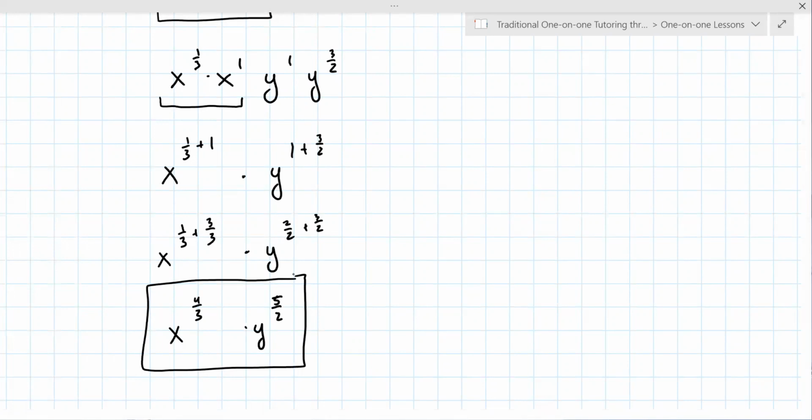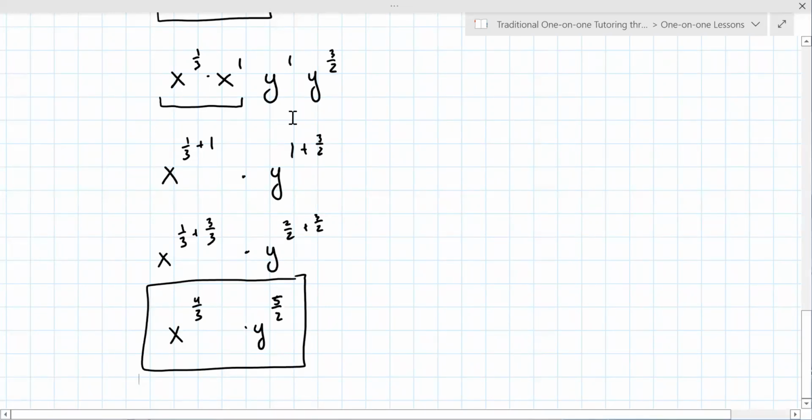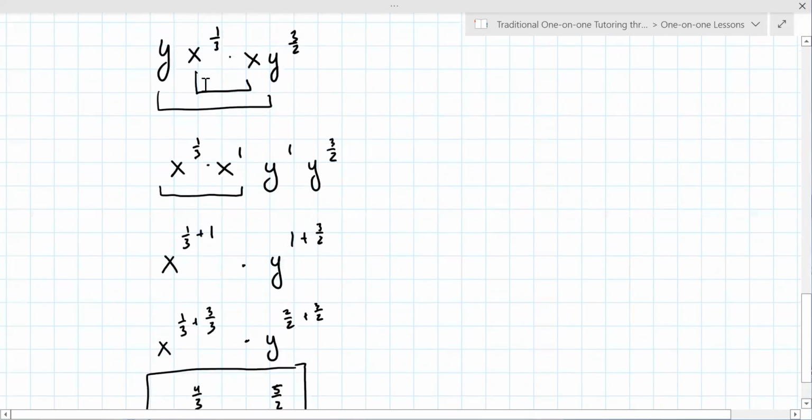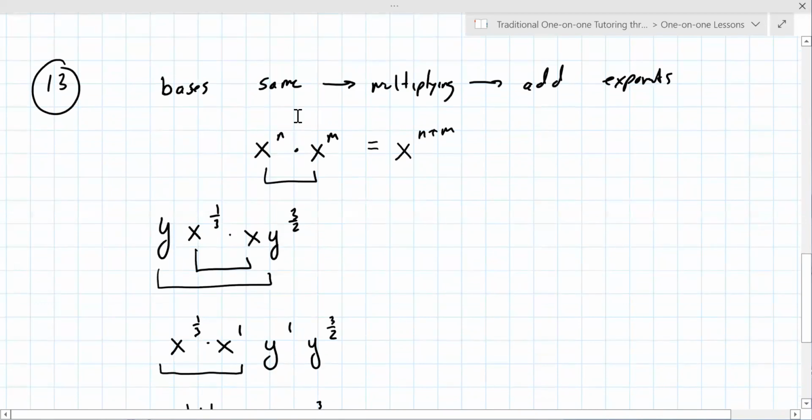Any questions on that? No, not so far. What I don't want to do is just jump into another problem here. I want us to do a couple like this because this is a core property that you have to be able to do without any issues.